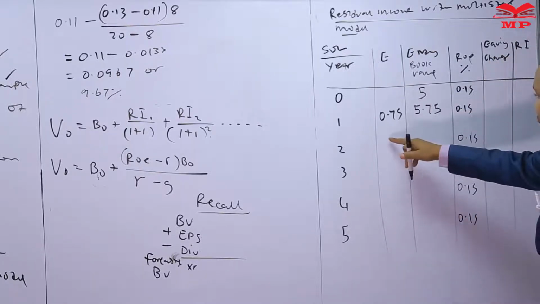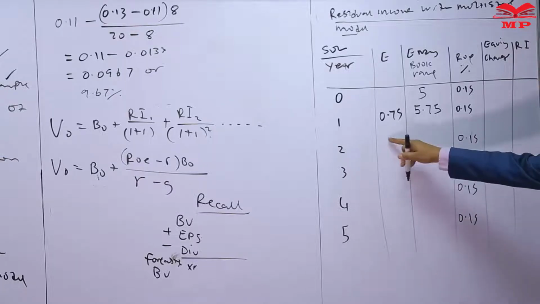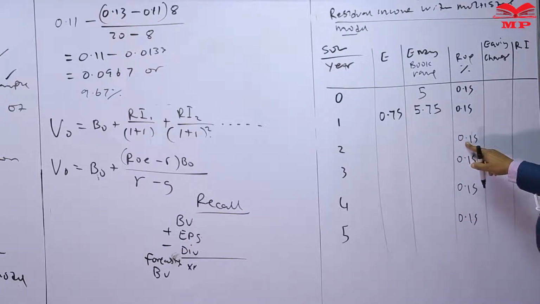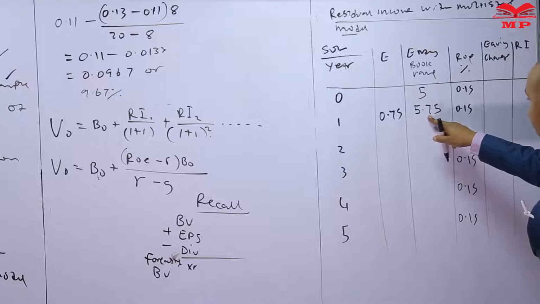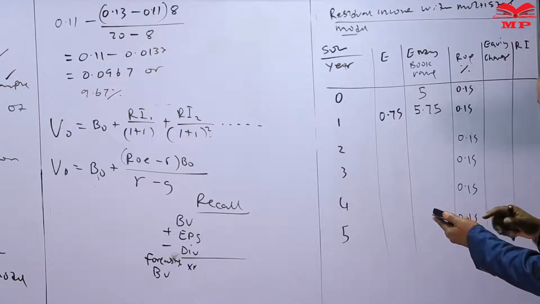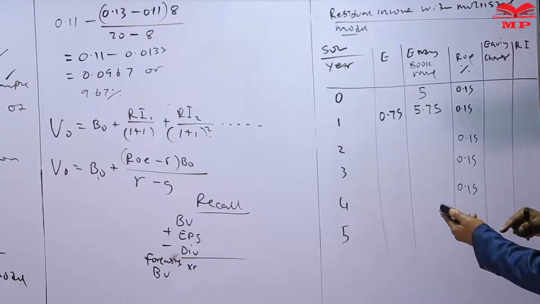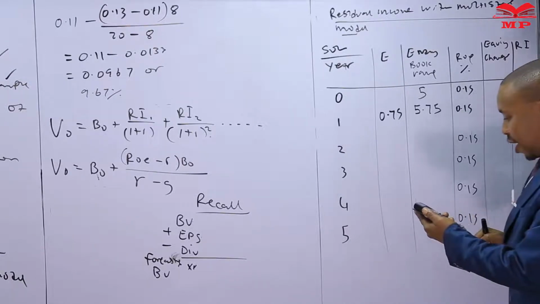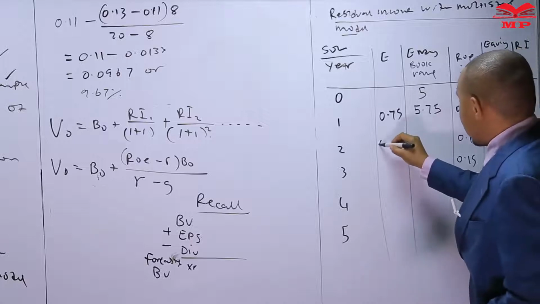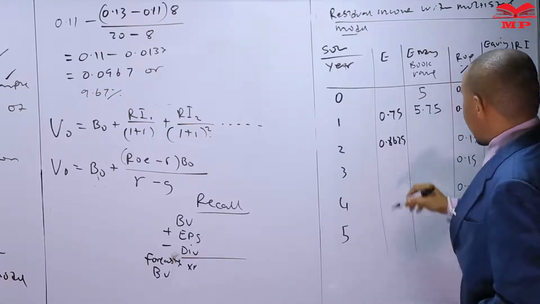Can we forecast this value here? Yes, we can for year 2. 0.15 multiplied by 5.75 should give us that value there. So 0.15 multiplied by 5.75 is 0.8625.